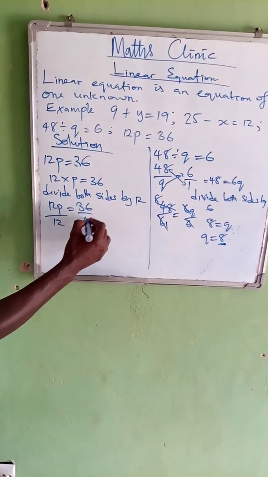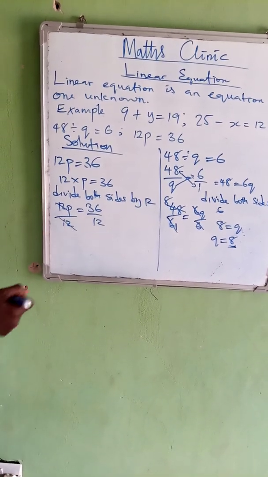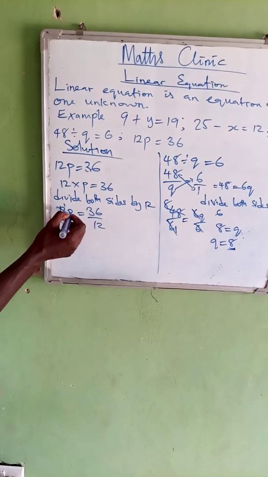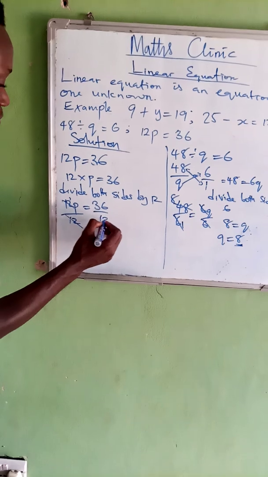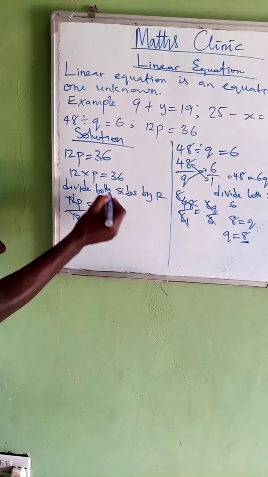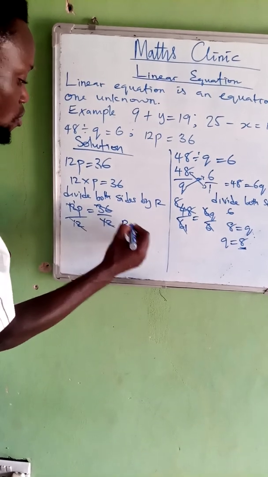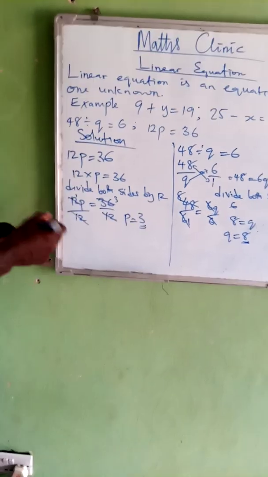This 12 divides this 12, and we have p left here. 12 divided by 12 gives you 1, so 1 multiplied by p gives you p. Okay? Now 12, how many times can we get 12 in 36? It's actually 3. So we have p equals 3. So that's the value of p here.